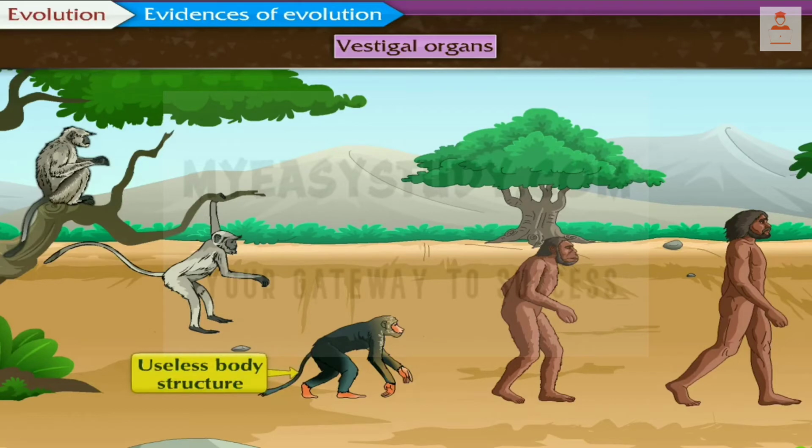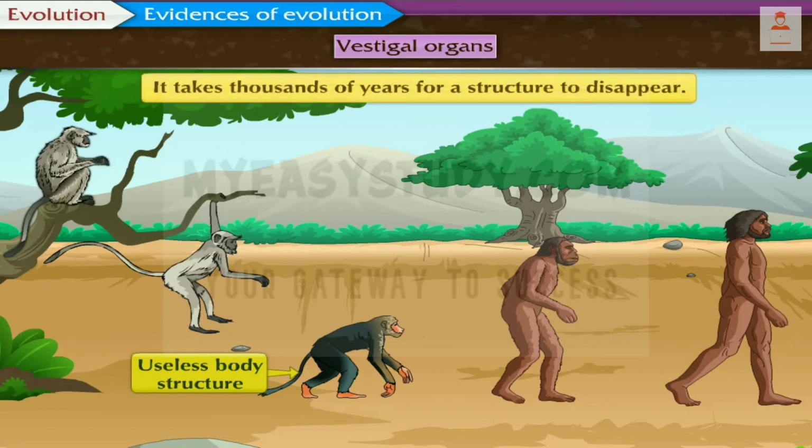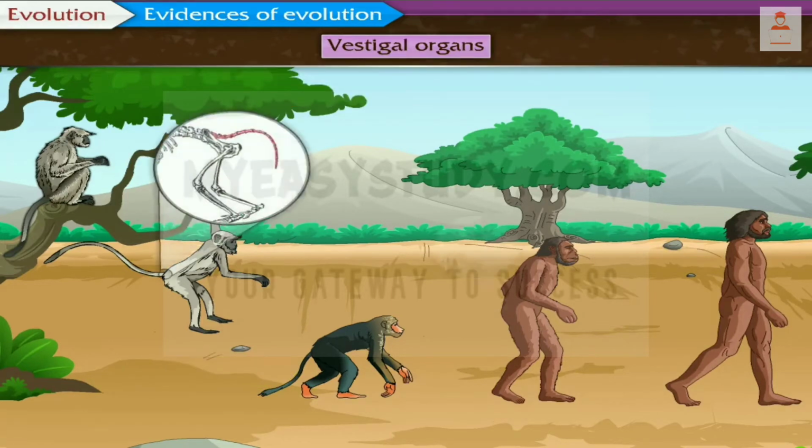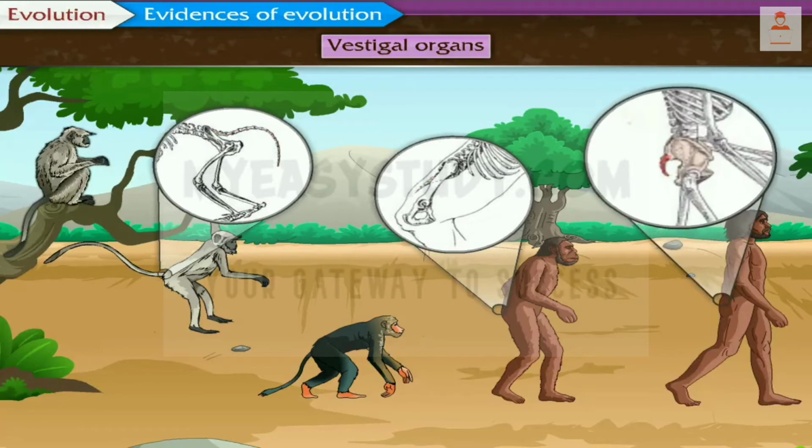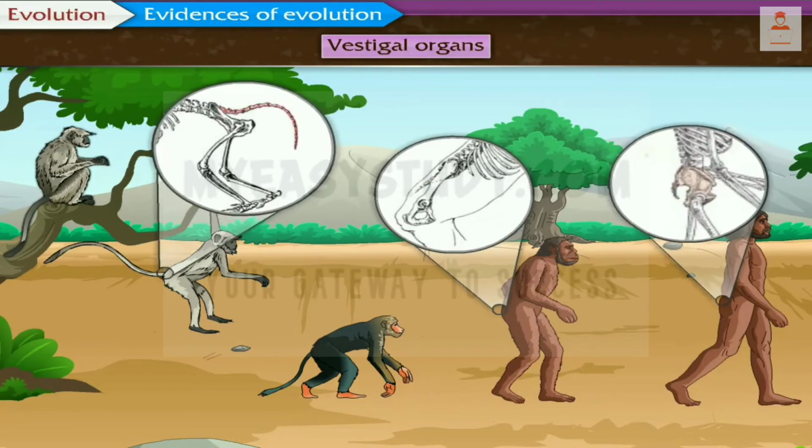Such structure begins to degenerate under such situation as per the principle of natural selection. It takes thousands of years for a structure to disappear. Such organs are seen in different phases of disappearance in different animals. Such organ, though non-functional in certain organisms, may be functional in other organisms.